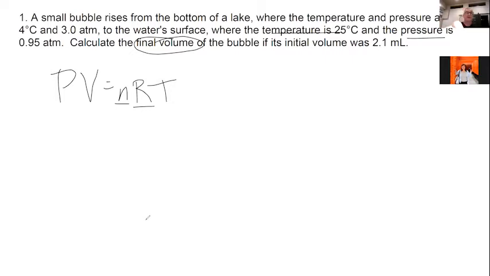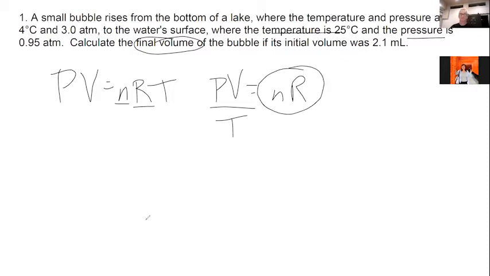So basically what I do is convert that to PV over T equals nR. So what does that mean? Well, that tells me that P times V divided by T is a constant, because n is a constant, the number of moles doesn't change, and R never changes.